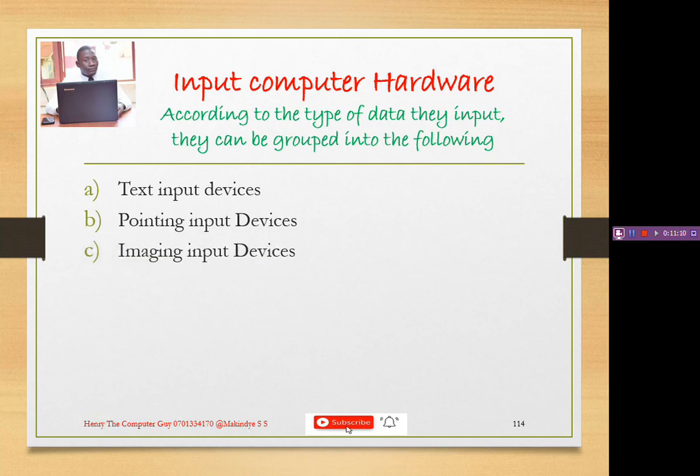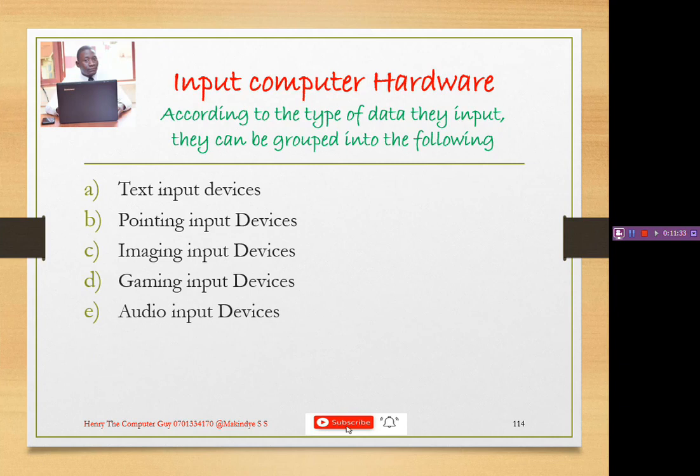The pointing input devices, whereby these ones help us to move the pointer or the cursor on our screen. The imaging input devices, these ones deal with images, for example, the scanner, the digital camera, and others. The gaming input devices, these ones are specifically used to control computer games.